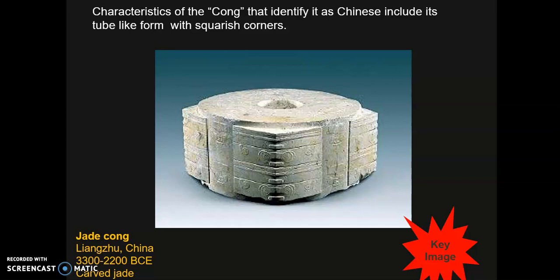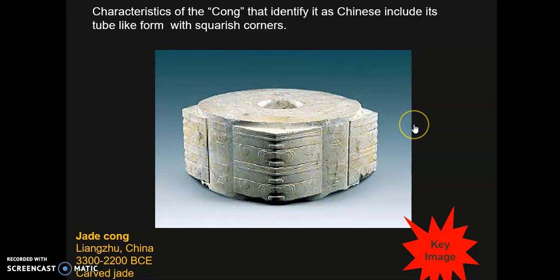So a lot of this carving was done with sand, because sand is a hard substance. As far as the technique, I wish I could show you, but I'm not exactly sure how they would have done it. But these zhongs have a cylindrical look to them, but they're also square.